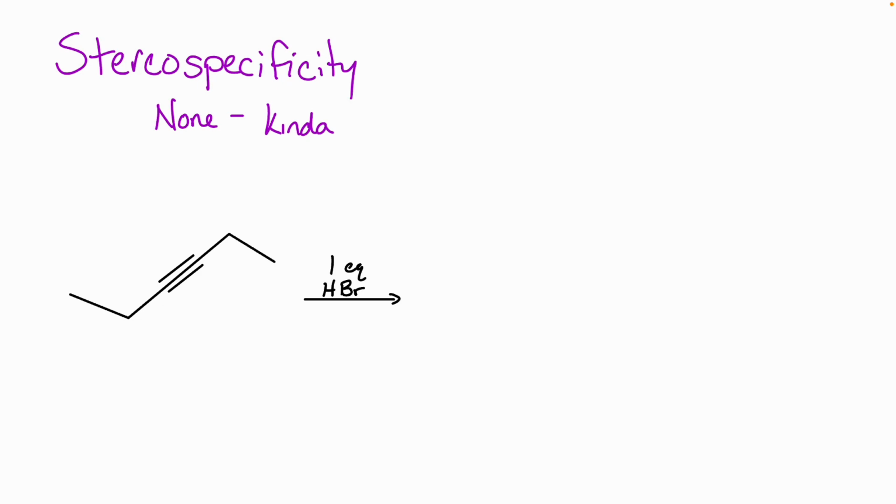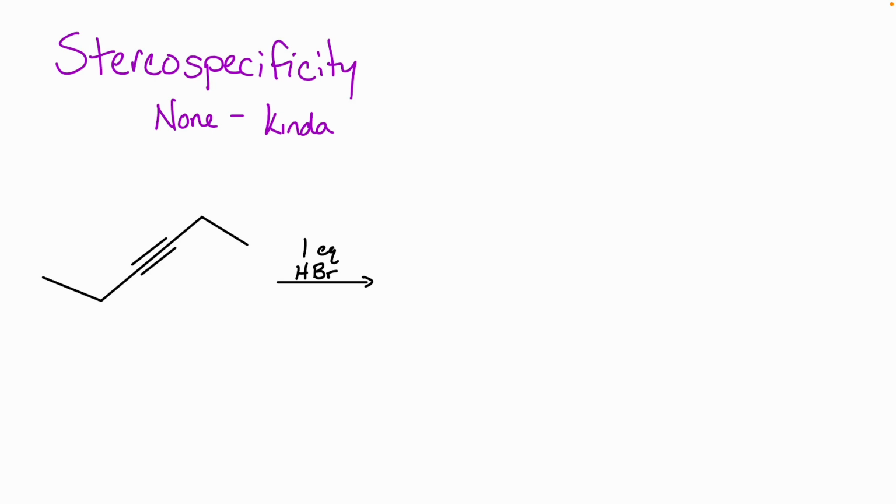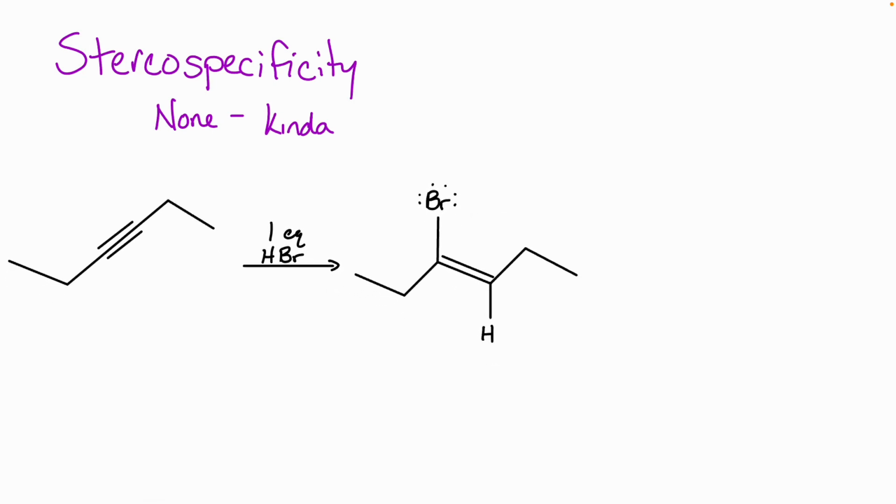So because of that mechanism, I'm going to have my products. I'm going to add my Br to either side. But because we're creating an alkene at the end, we get two possible alkenes that we can create here.